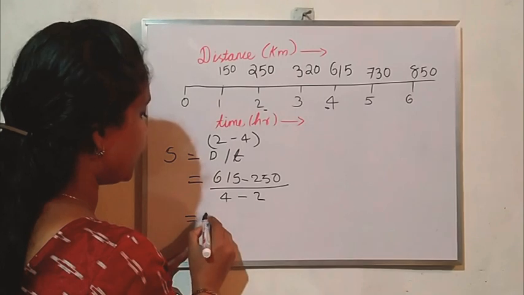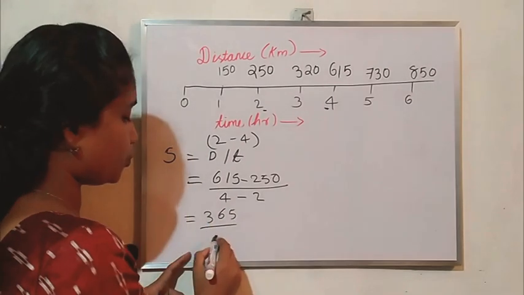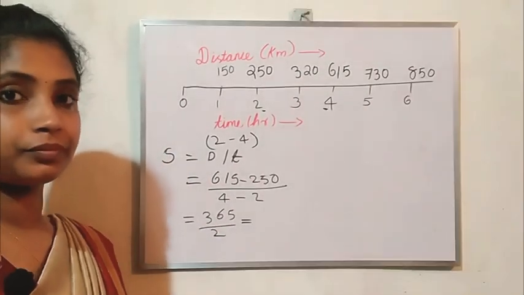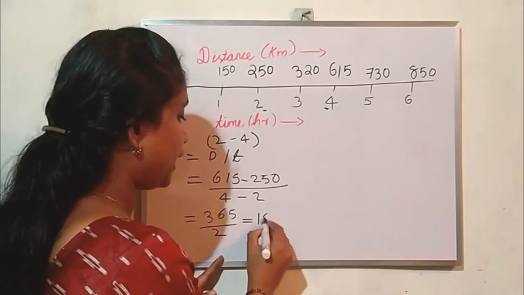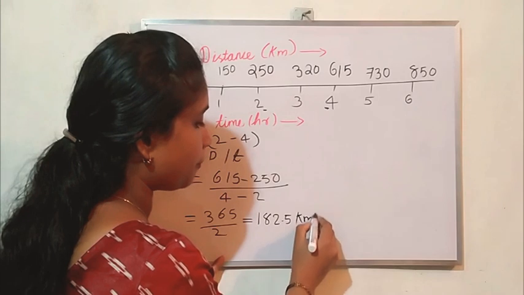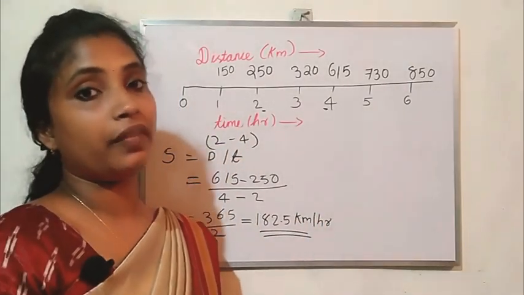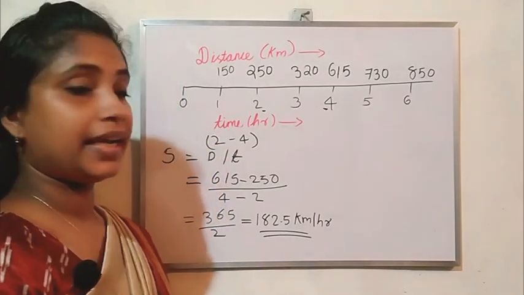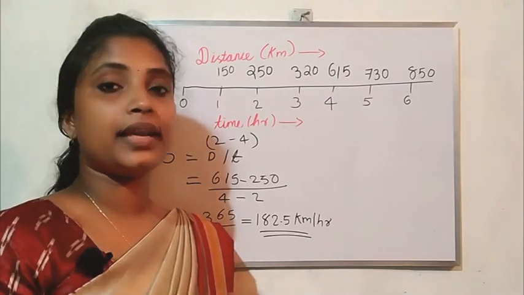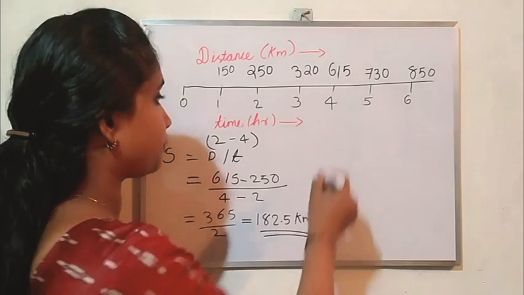We will get 365 divided by 2. What is 365 divided by 2? It is 182.5 kilometer per hour. The speed of the train between 2 hour and 4 hour is 182.5 kilometer per hour. Now let's calculate the speed of the train between 3 hour and 6 hour.